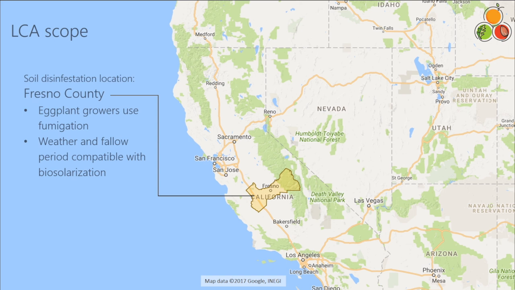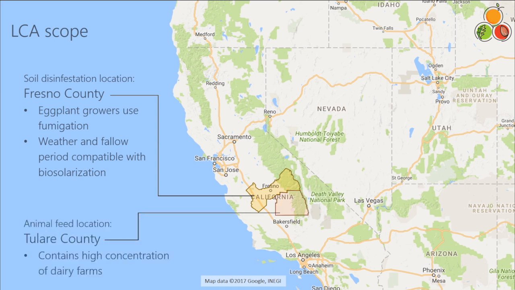What if we compared that scenario to something a little more conventional, which would be just routing the pumice into an animal feed application. What if we did that in a similar region, something like Tulare County, where there's a lot of dairy farms, and tomato pumice is known to be an excellent addition to a feed ration on a dairy farm.